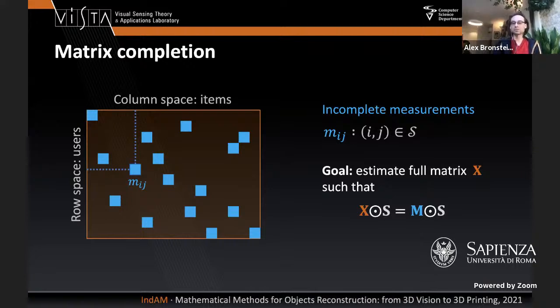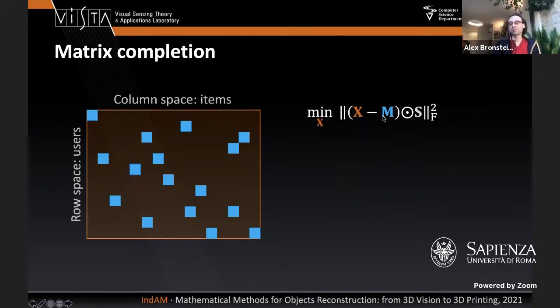Because we have these sparse measurements, I can write this problem again as minimizing some loss between the observed measurements and the reconstructed matrix. Obviously, this problem is underdetermined. There is an infinite number of ways to complete the matrix outside of the measurement support.